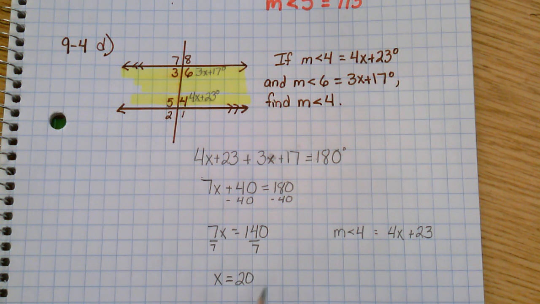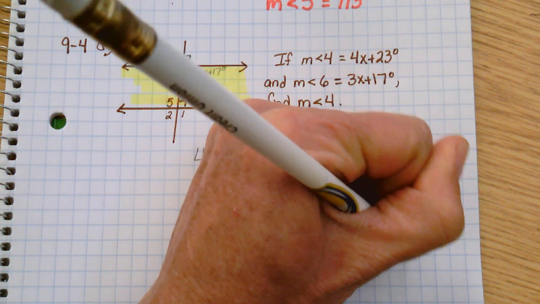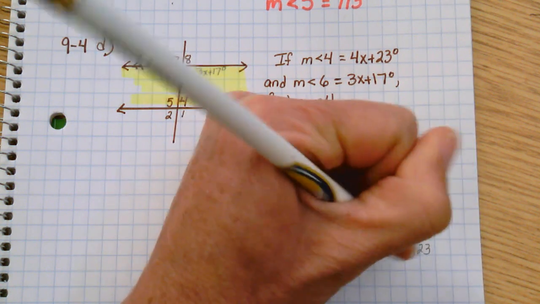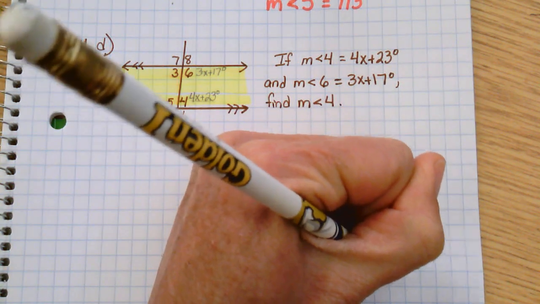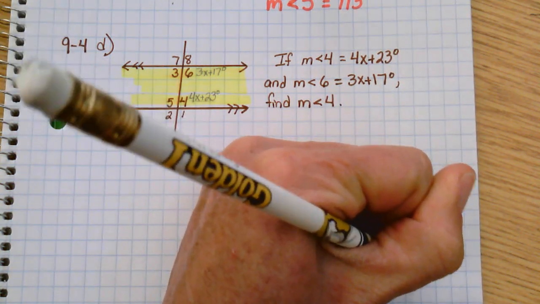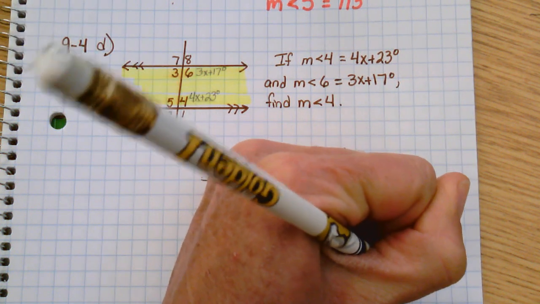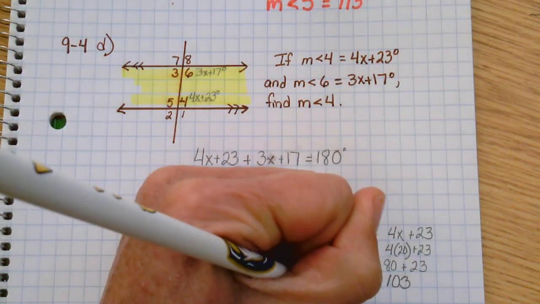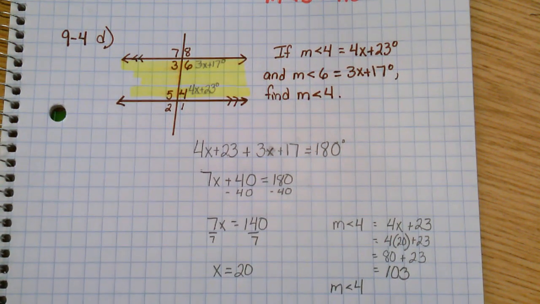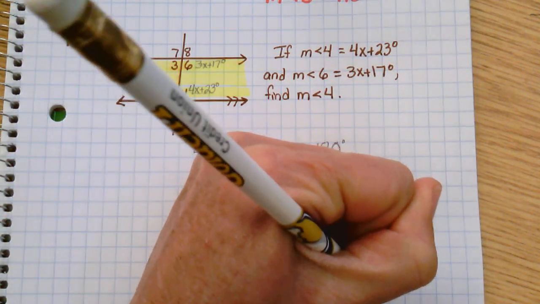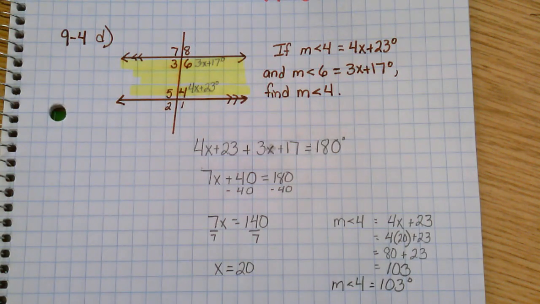I know that x equals 20. So 4 times 20 plus 23. 4 times 20 is 80. Plus 23 gives us 103. So the measure of angle 4 is equal to 103 degrees.